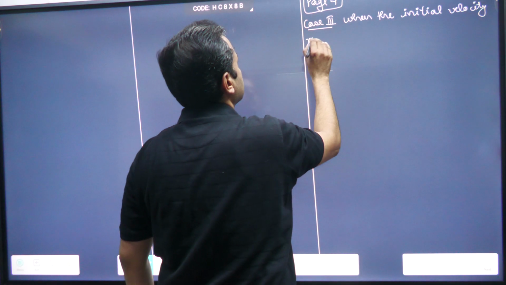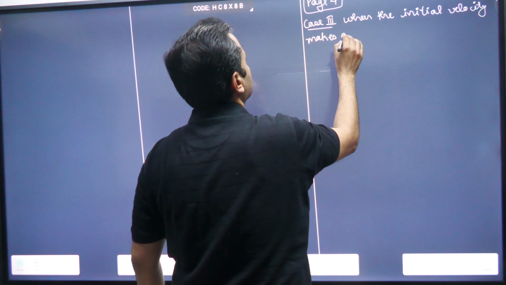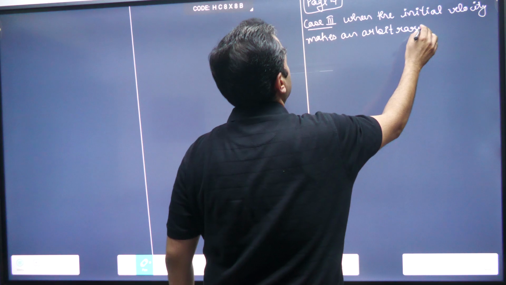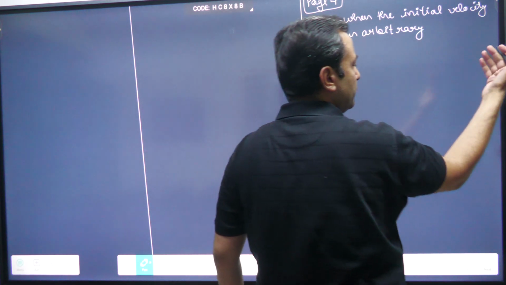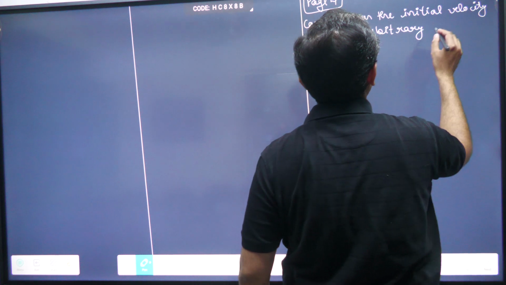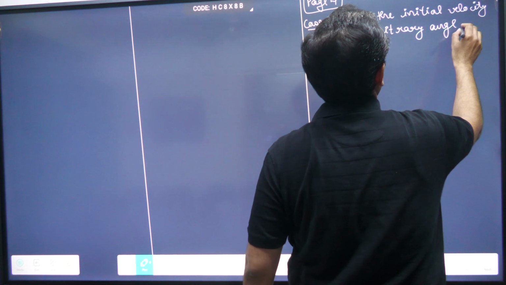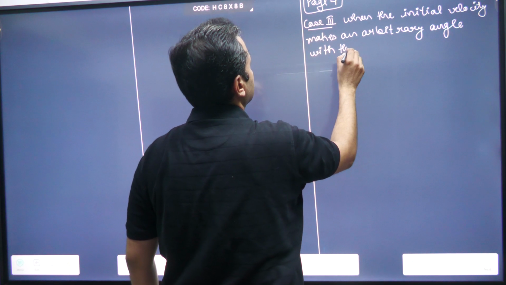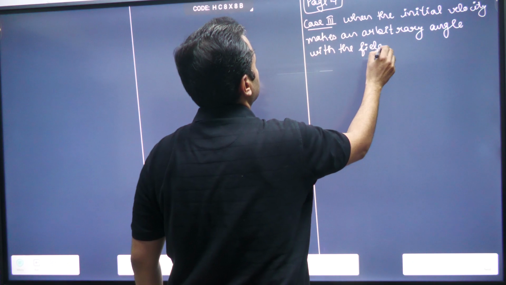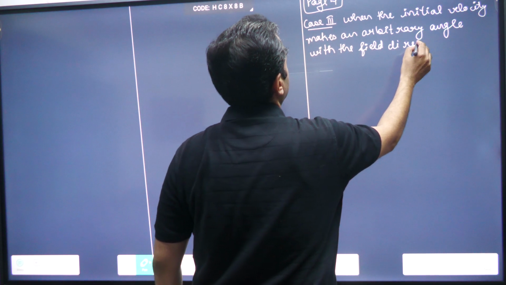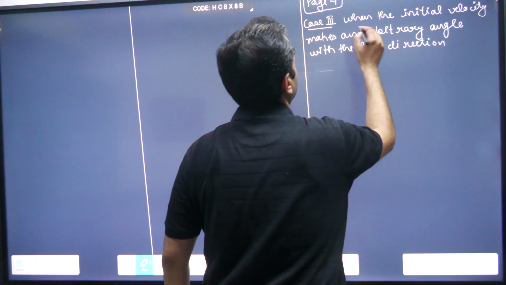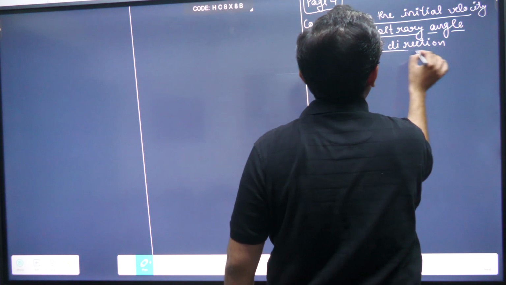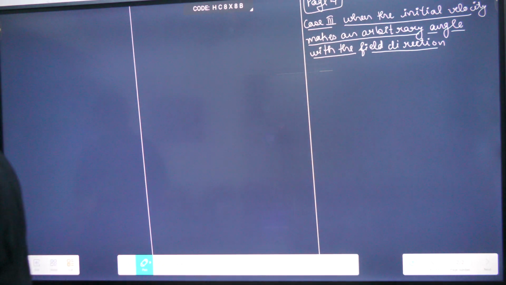Arbitrary angle means any angle other than 0 degree and 90 degree, any acute angle other than 0 degree and 90 degree. When the initial velocity makes an arbitrary angle with the field direction.